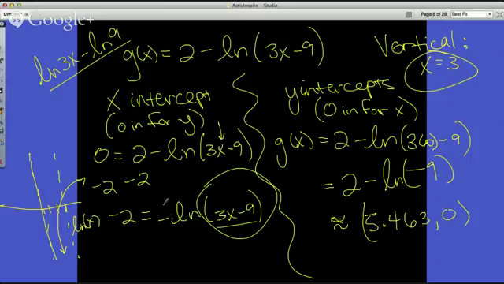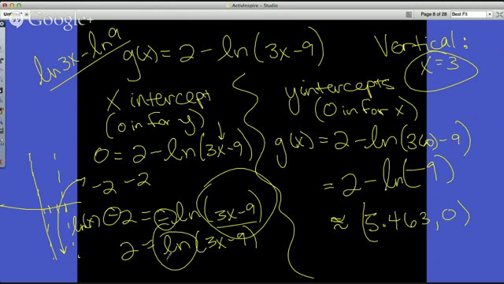Well, we could take away this negative, right? That's actually pretty good. Take away this negative first to make it 2 equals ln of 3x minus 9. What's the kryptonite to break away ln? E. E, nicely done. E and ln cancel, little cancel party. E squared equals now 3x minus 9. So how could I get rid of that? How could I solve for x now? Find out what e squared is.